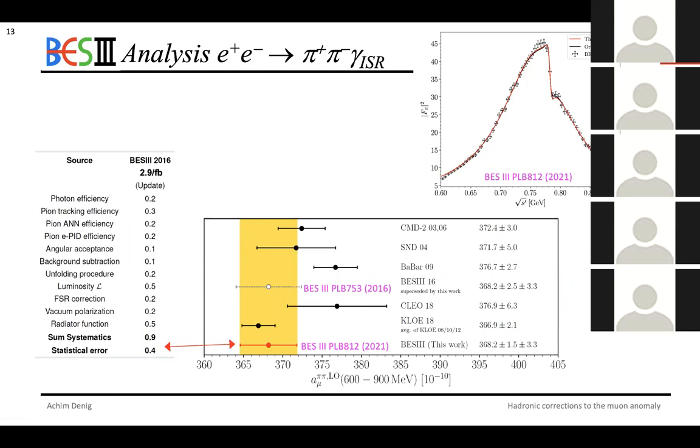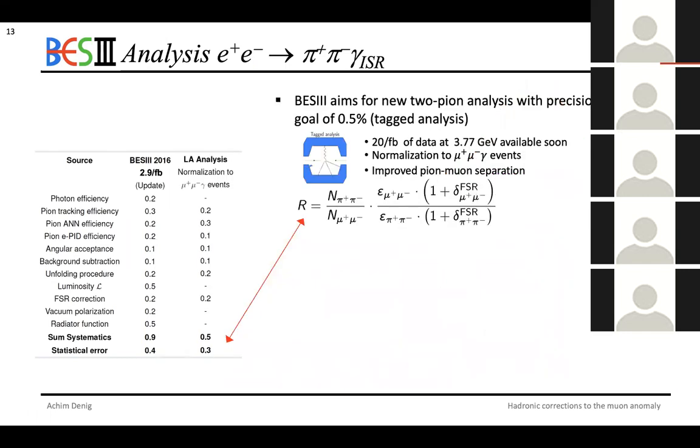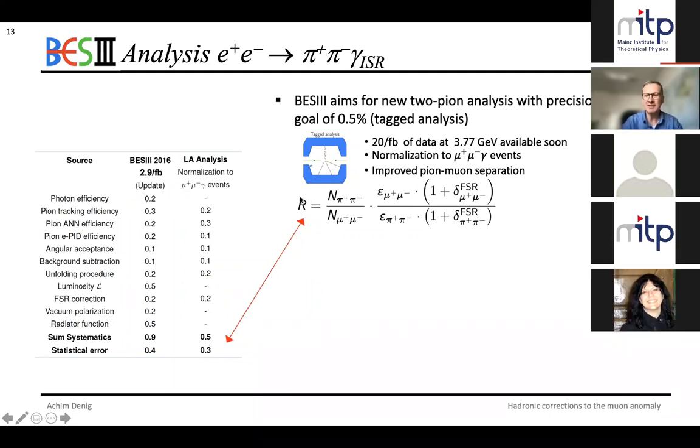Presently, we are intensively working on a new analysis using much higher statistics than our previous analysis. Our goal is to reduce the uncertainty down to 0.5%. We do this by performing a tagged analysis where we still measure the initial state radiation photon in the detector as we did before.